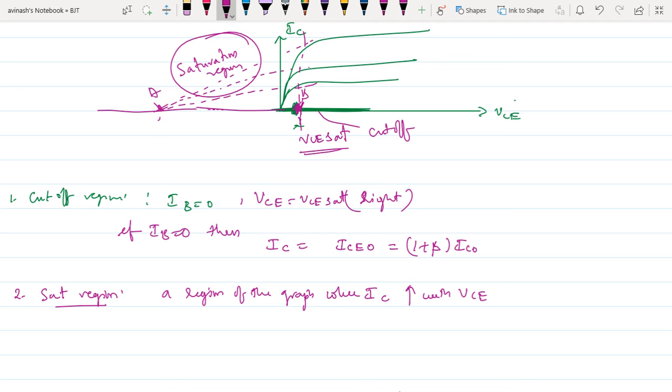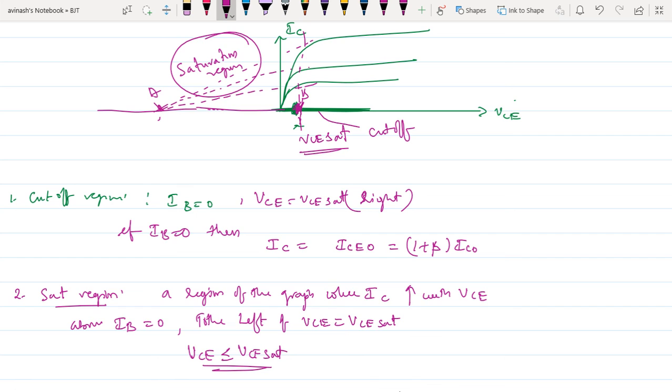It lies above IB equal to 0 and to the left of VCE equal to VCE sat. The transistor will be in the saturation region when VCE is less than or equal to VCE sat.